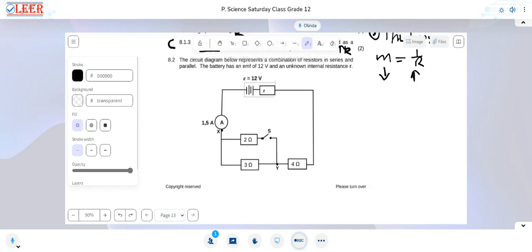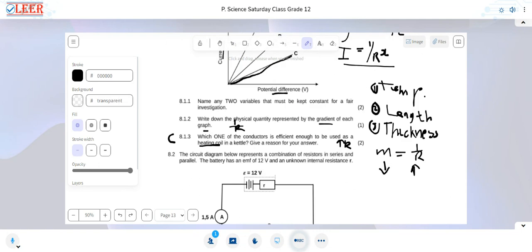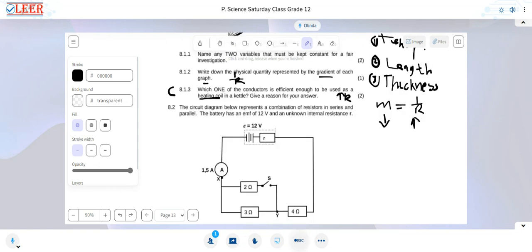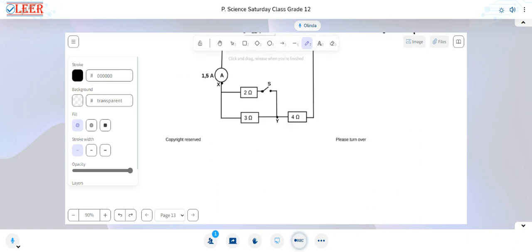We don't know how much is from the external load and how much is from the internal resistance, but we know the total is 12 volts. Then we have an ammeter reading of 1.5. We have resistors that, if the switch is closed, are in parallel, and if it's open, are in series.